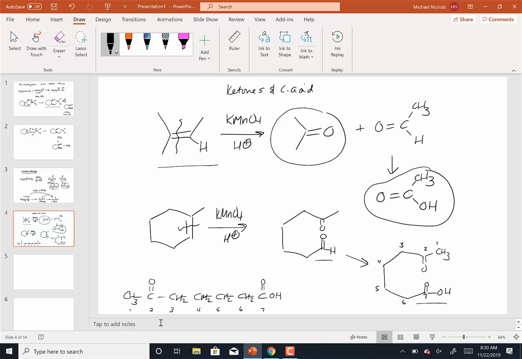And if you really wanted to make this a difficult problem, we would go back to chapter 2 and you would get the names of this, right? Because then you'd have to go back and remember carboxylic acid has a higher priority than a ketone. The ketone's called an oxo group. So this would be a 2-oxoheptanoic acid would be its name. Right.